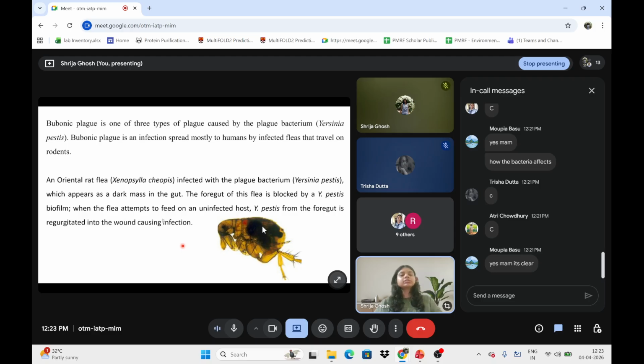Similarly, the bacterium Yersinia pestis can enter the rat's body through these fleas, because the fleas are carrying these bacteria in their gut, and from the gut it will come out through the mouth and enter the rat's body, and then from the rodents it can enter humans and cause the plague in humans. Is that clear?